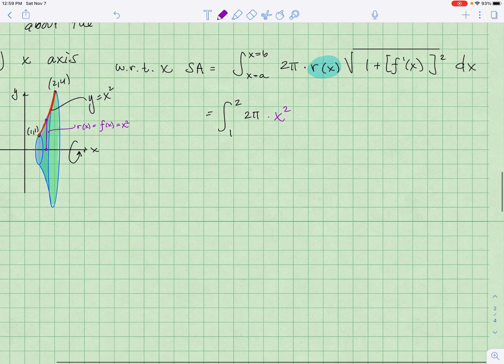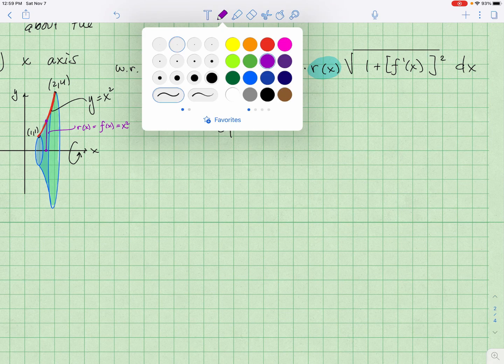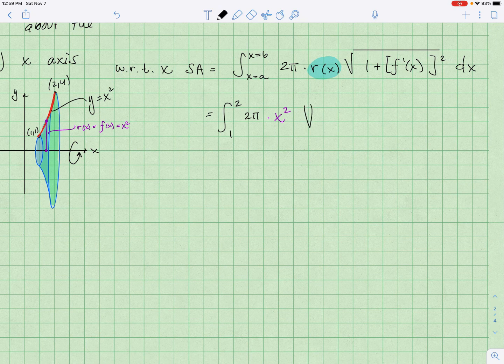Then, what do we have here for f prime of x, and setting up the rest of this? We have the square root of 1 plus the derivative of f of x, which is just 2x, quantity squared, dx. And there's our setup.